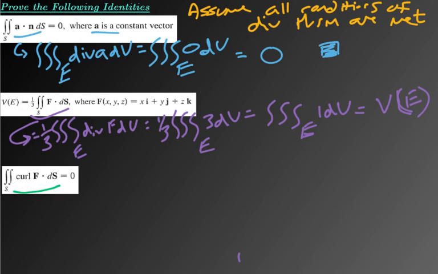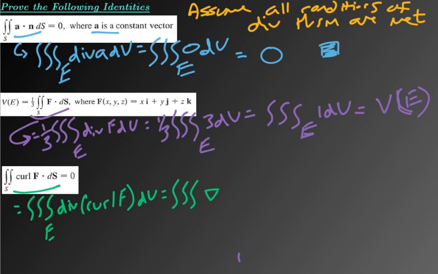And this is true for arbitrary vector fields F. So again, using divergence theorem, I would have the integral of the divergence of the curl of F dV. And if I switch to my symbols, that'd be the del operator dotted with del cross F dV.